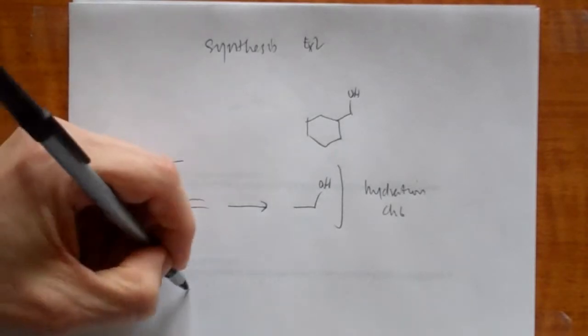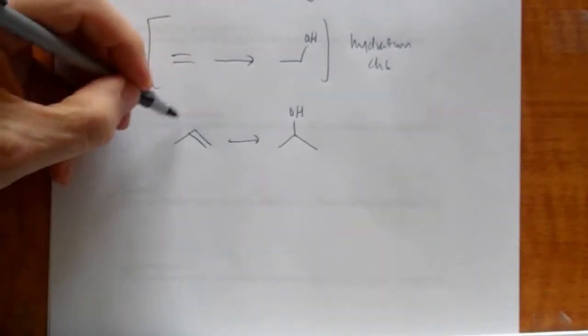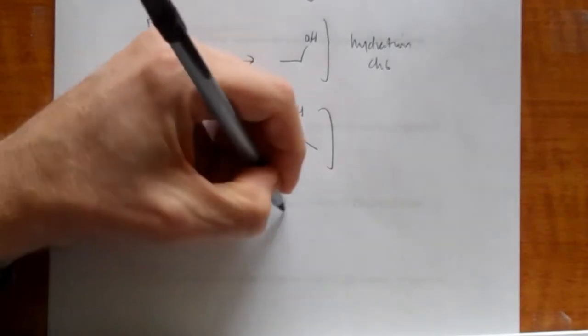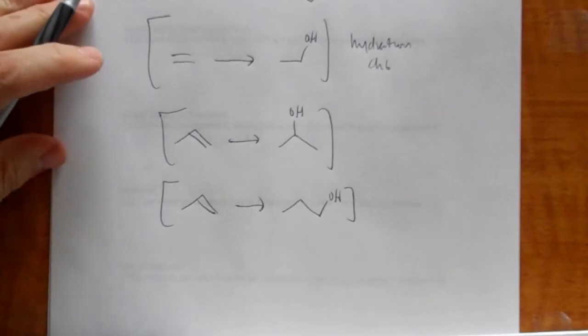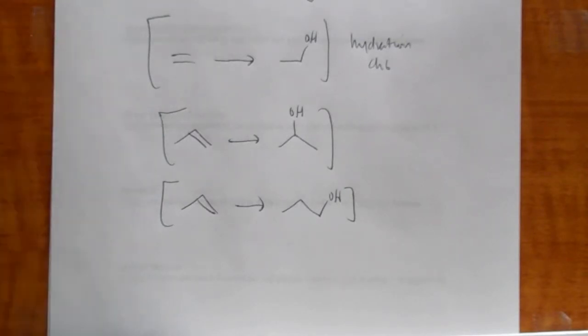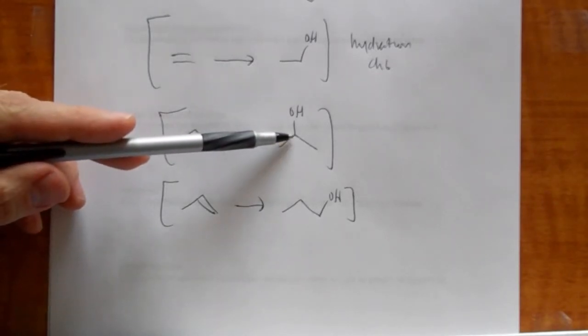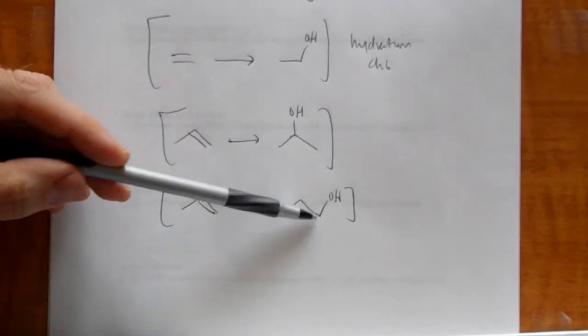One of them is this reaction, which gives us the Markovnikov addition, and the other one was this reaction, which gives us the anti-Markovnikov addition, right? So we've got to choose which one of these we want, and from there we can make our reaction, right? This one's the Markovnikov, which will substitute on the more substituted carbon because of the intermediate. And this one will go to the less substituted carbon.